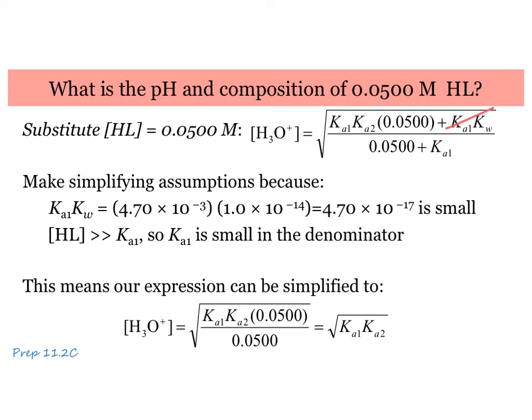We see that the concentration of leucine in the denominator is also much larger than Ka1, so we can assume that value is small too. This amazingly simplifies the concentration of hydronium ion to the square root of the product of Ka1 and Ka2, since we wind up with the concentration times Ka1 and Ka2 over the concentration, just like we did in the last two lectures.